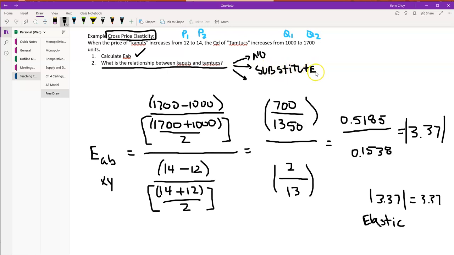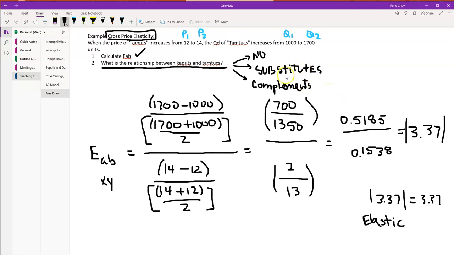And another is they could be complements. Remember, this is all related to the determinants of supply and demand.